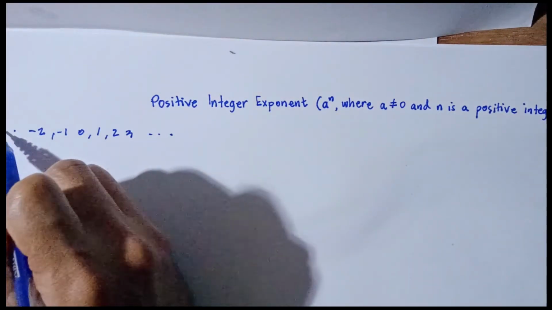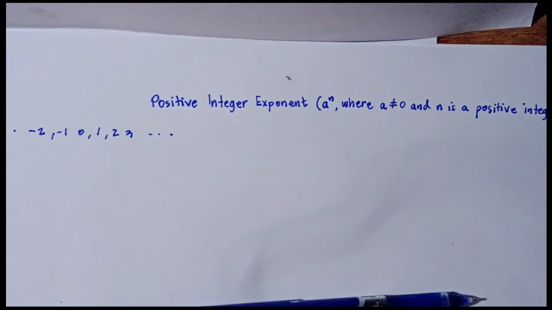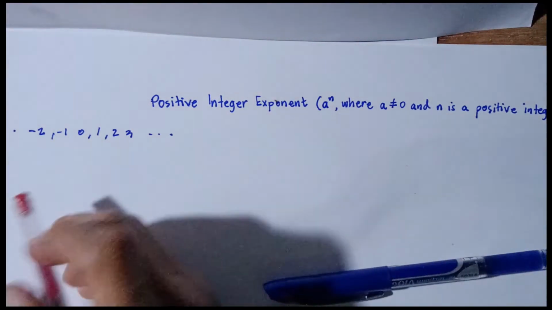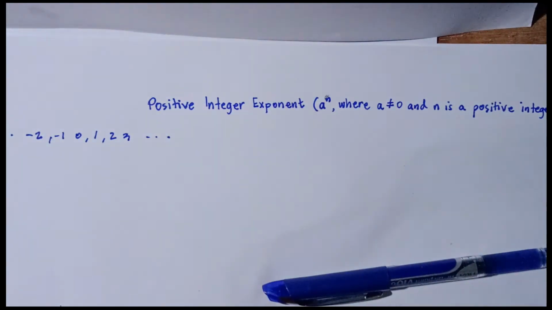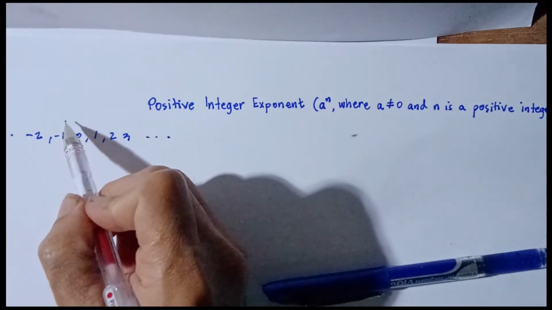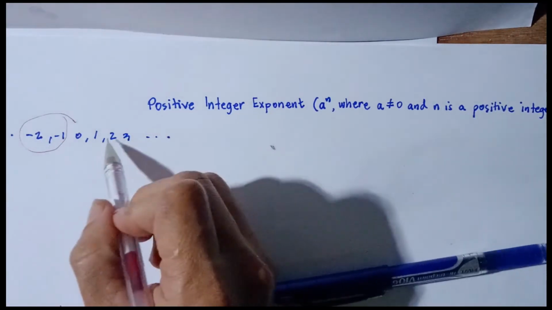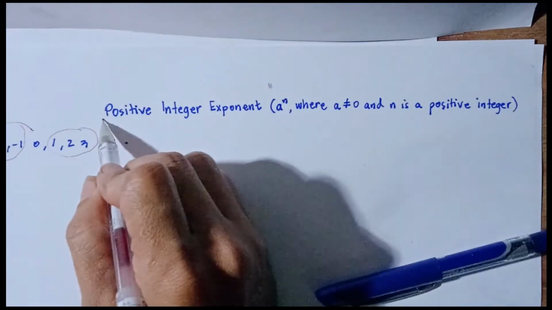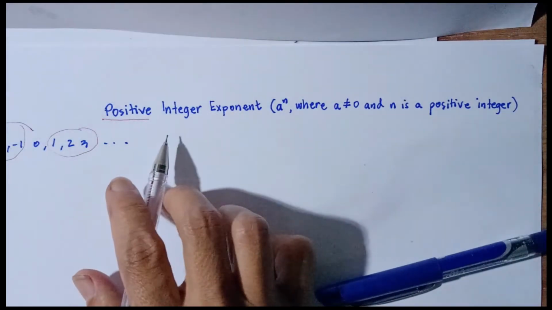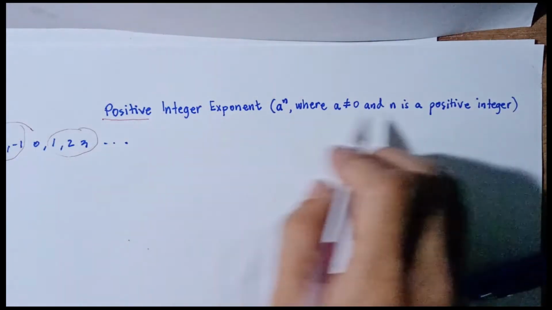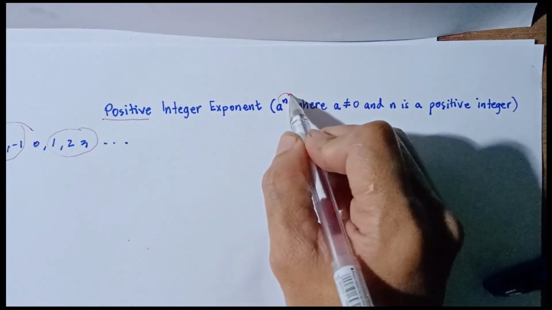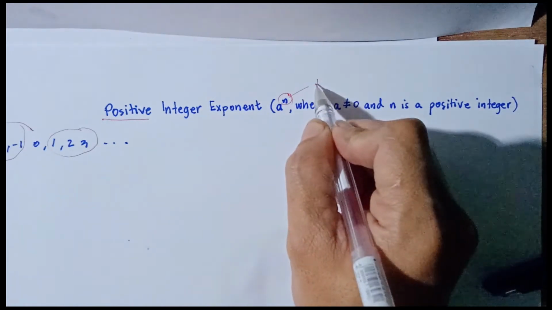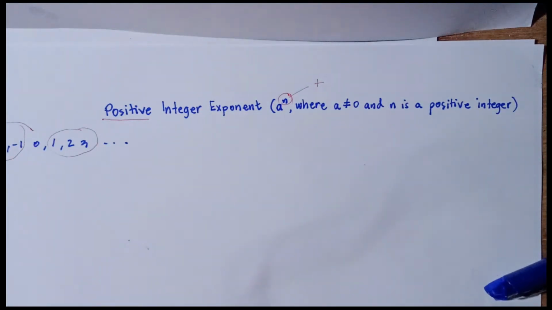As we see, there are integers that are negative, and there are also integers that are positive. That's why in this lesson, it's all about positive integer exponents. So our n must be positive. Okay, so let's start.